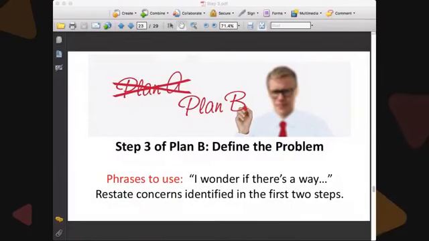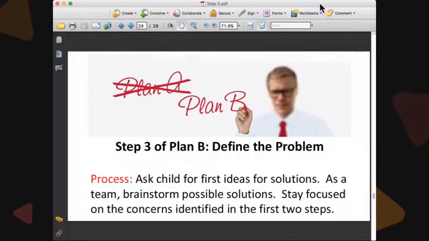So you just have to keep yourself on track and keep your child on track when you start brainstorming solutions and making sure that there's something that both of you can live with. The process that you're going to use, it's always helpful, I think, to ask your child first for their ideas of how this could be resolved.